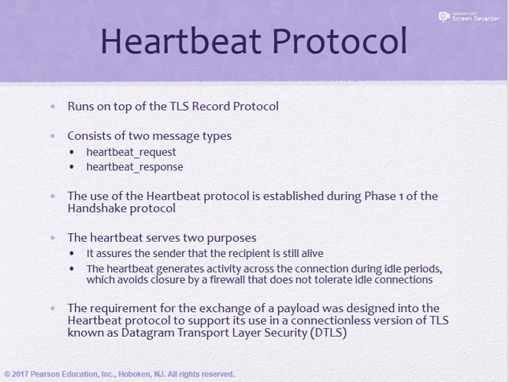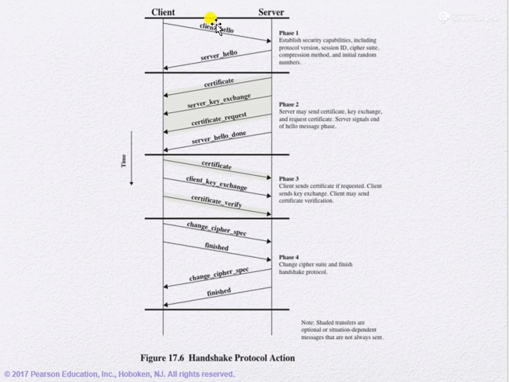Further, the heartbeat protocol consists of two types of messages. One is the heartbeat request message, and the other one is the heartbeat response message. The use of the heartbeat protocol is established during phase 1 of the handshake protocol. What is phase 1 of the handshake protocol? We have to refer back to this slide. This is phase 1, where client and server both perform hello with each other, client hello and server hello.